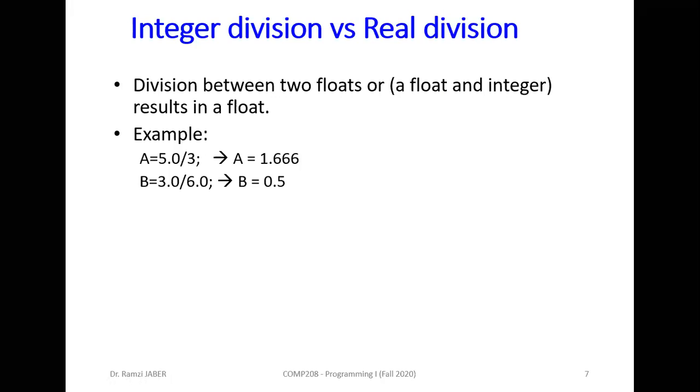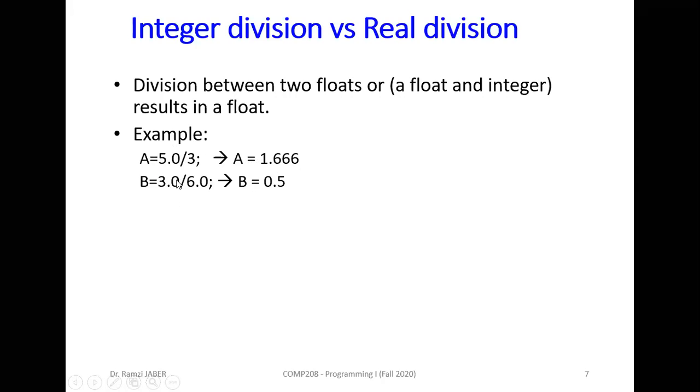So if any number is a float, the result will be a float. The same example with a decimal part: a equals 5.0 over 3. 5.0 is a float number, and 3 is an integer, so the result will be float, 1.666. Likewise 3.0 over 6.0, float over float, gives float 0.5.